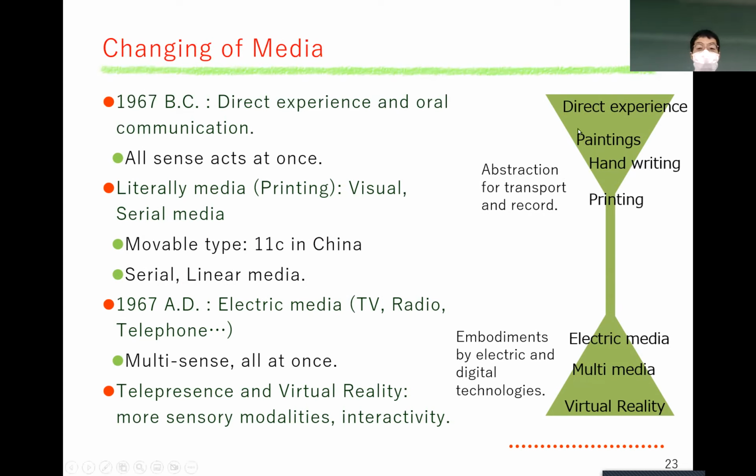But after that, printing starts, so it comes to linear, sequential media. And after that, electronic media starts, and multimedia and virtual reality. So finally, virtual reality is now widely spread.